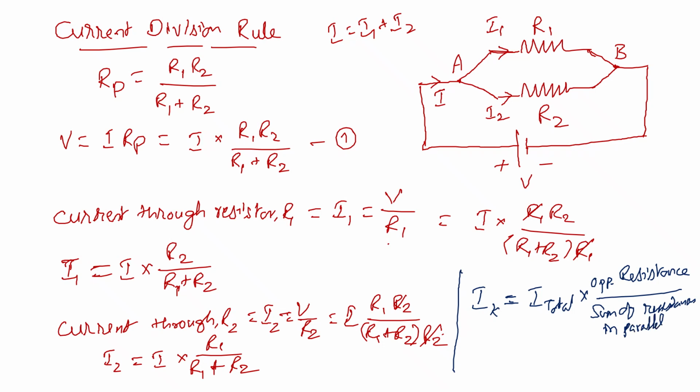Okay, total current I into opposite branch resistance divided by the sum of the resistances that are connected in parallel. This can be treated as a generalized formula. Okay, I1 equal to I into R2 by R1 plus R2, and I2 equal to total current I into R1 by R1 plus R2. This is the current division rule.